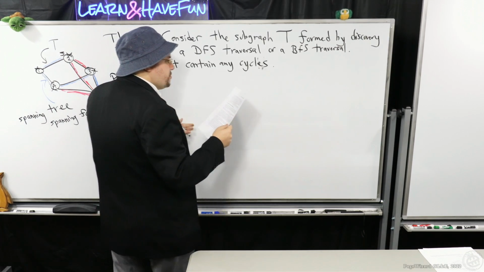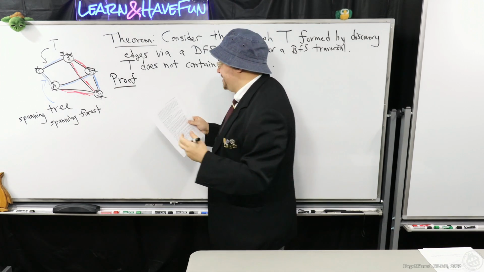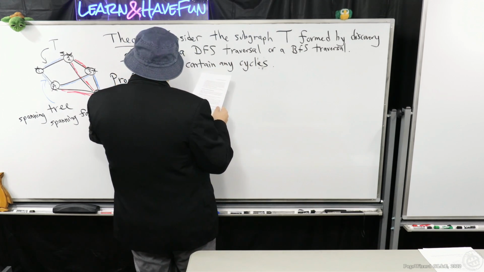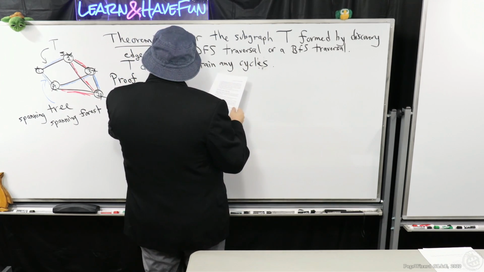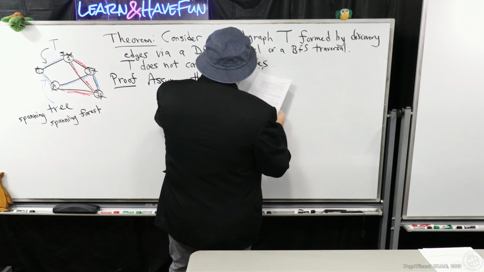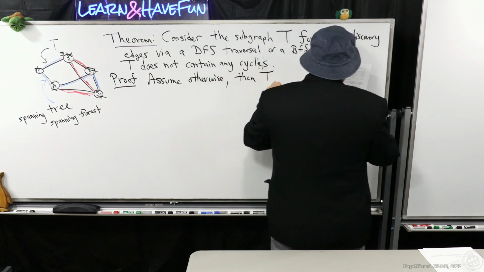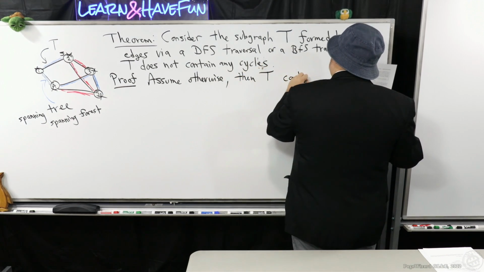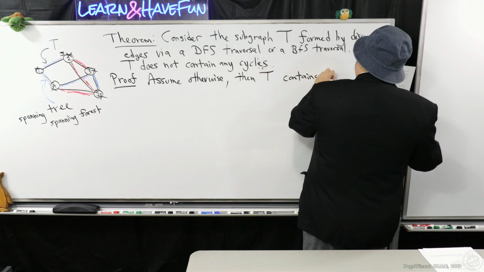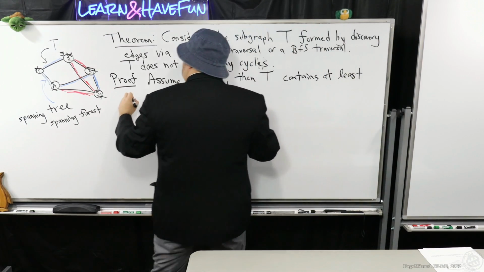I'm going to construct an observation in a moment, so let's see what happens carefully. So assume otherwise. Then T contains at least one cycle.